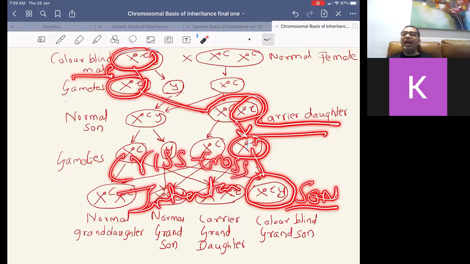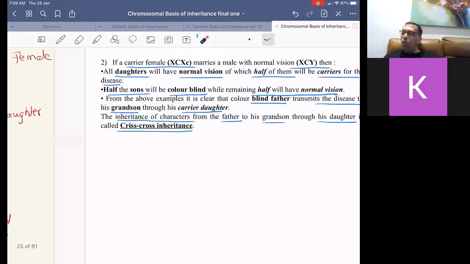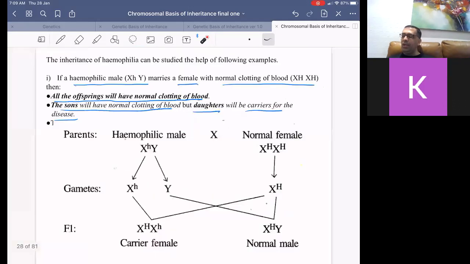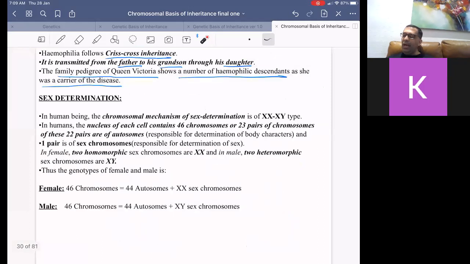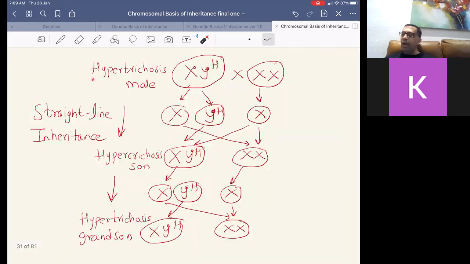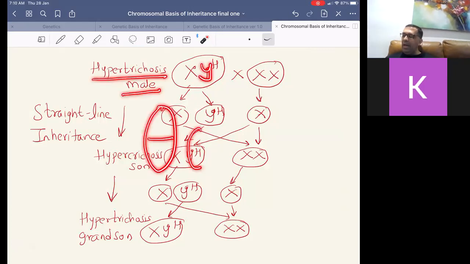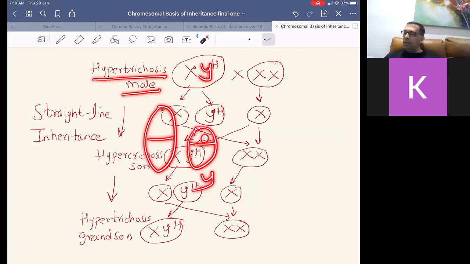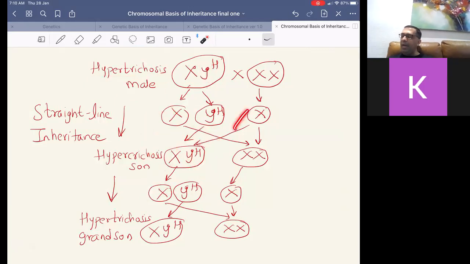This is X-linked disease. If it was a Y-linked disease, say hypertrichosis in male, on the male's Y chromosome there is a gene which causes hairy pinna.